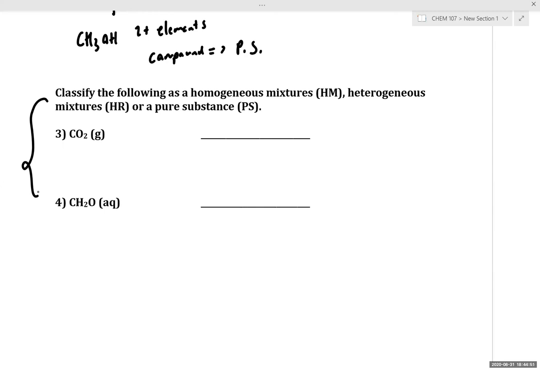Sure, we can show an example of a heterogeneous mixture once we finish this example. Let's give everyone about another minute to a minute and a half on this example, and then we'll discuss.